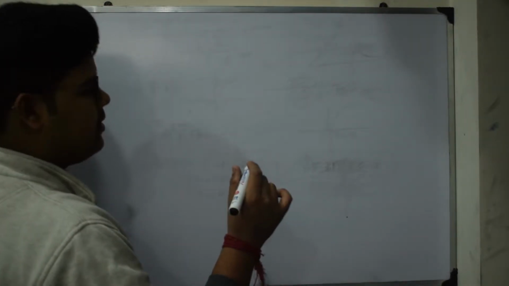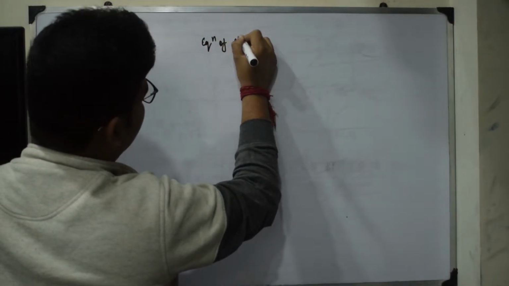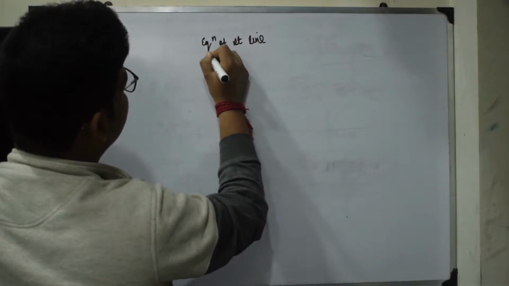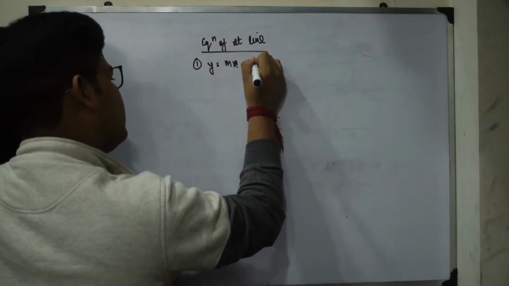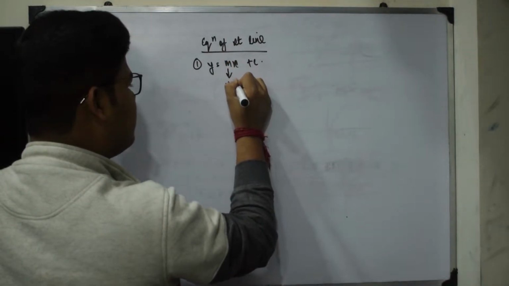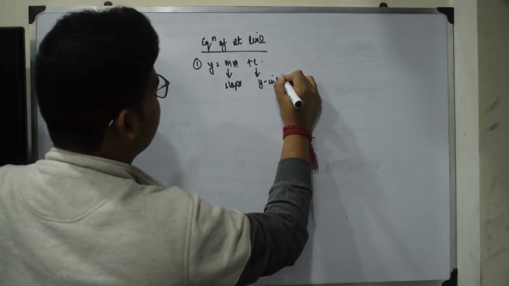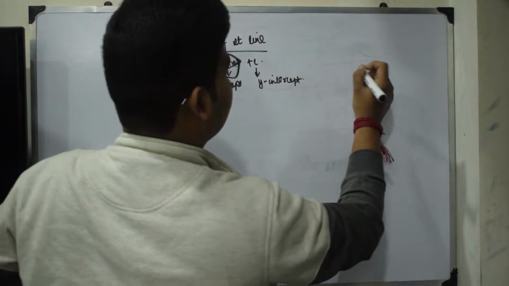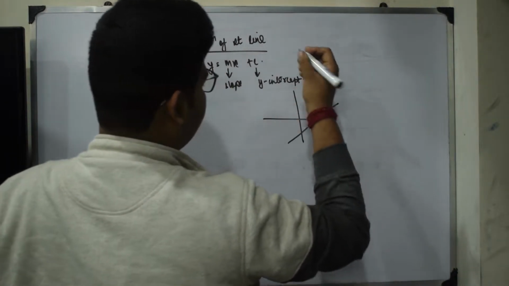So, before diving into graphs, I just want to explain some concepts. I guess everybody knows this, that a basic equation of a straight line is y equals mx plus c, where m represents the slope of the line and c represents the y-intercept, and this can be plotted like any arbitrary line.